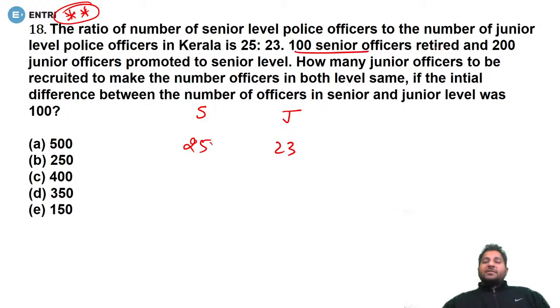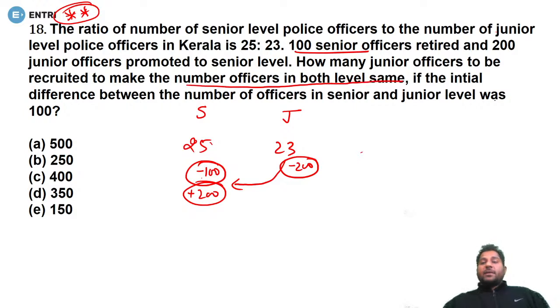If 100 senior officers retire, and 200 are promoted to senior level, that means a reduction of 200 from junior level and an addition of 200 at senior level. How many junior officers are to be recruited to make the number of officers in both levels the same, if the initial difference between the number of senior and junior officers was 100?